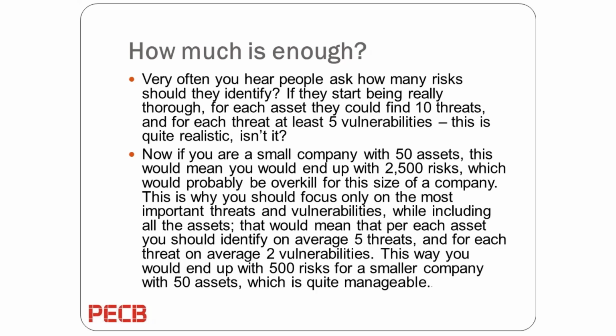That would mean that for each asset, you should identify an average of 5 threats, and for each threat, an average of 2 vulnerabilities that could be exploited by such threats. This way, you will end up with 500 risks for a smaller company with 50 assets, which is quite manageable.